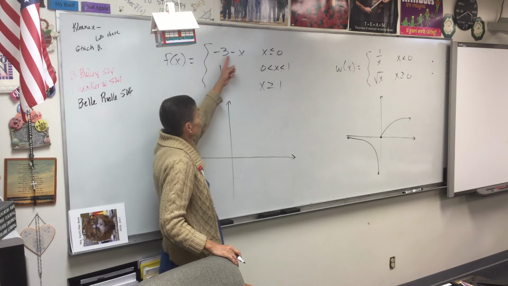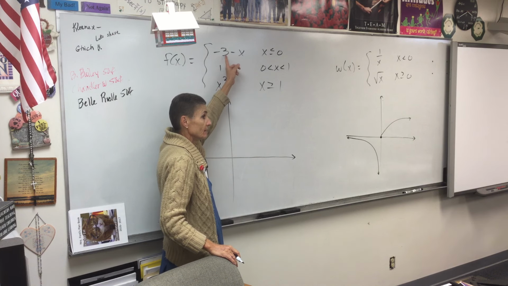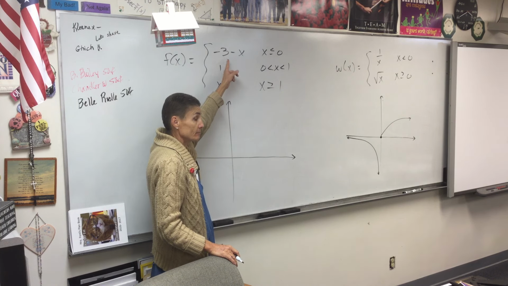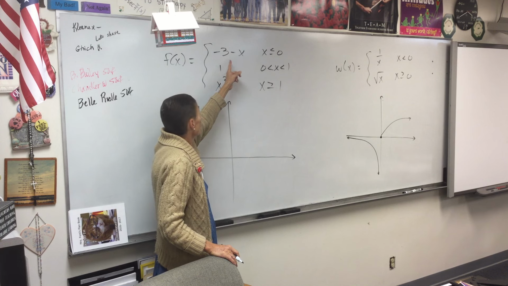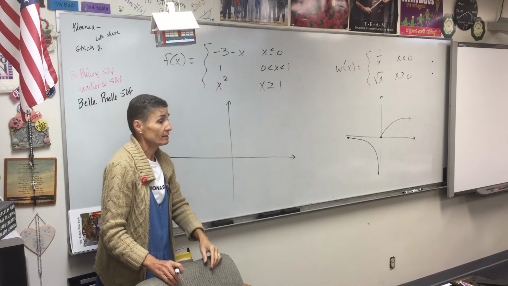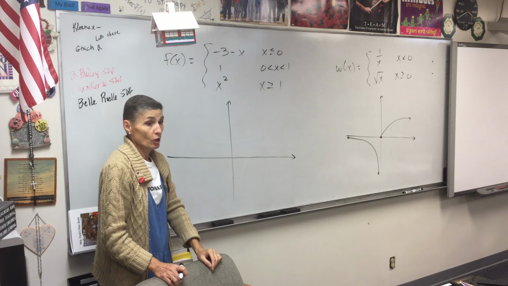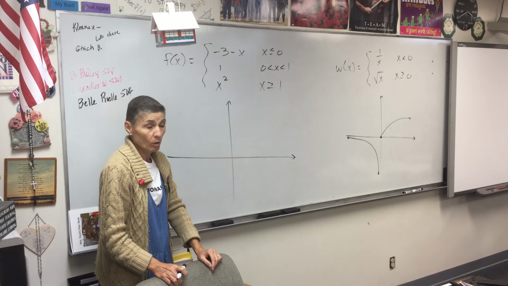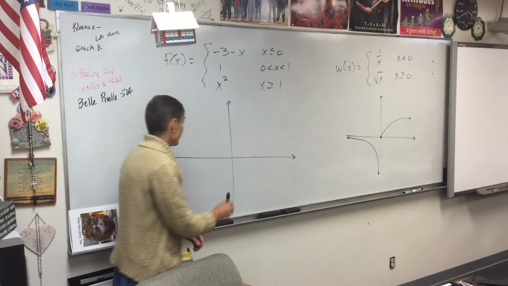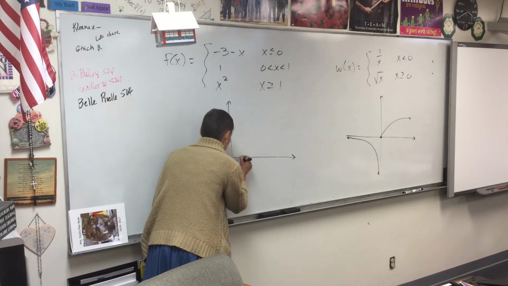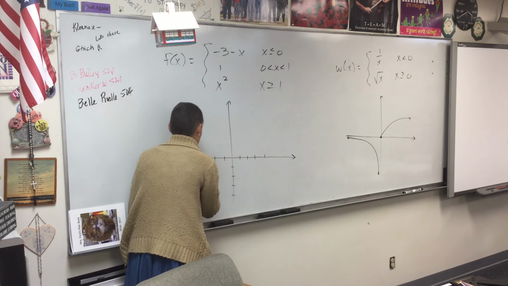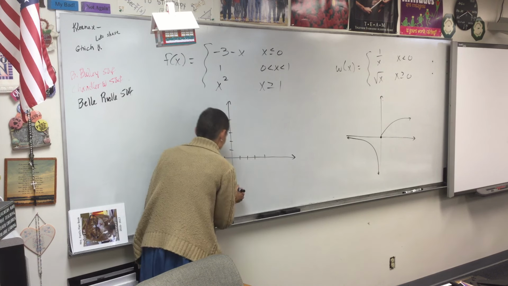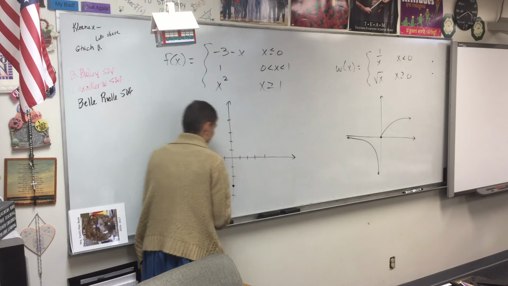What in the world is that? That's a line, isn't it? Do you recognize that? What can you tell me about that line? The slope is -1, and the y-intercept is -3. So graph paper would be better, but I'm going to do my best. So I'm going to plot that point.